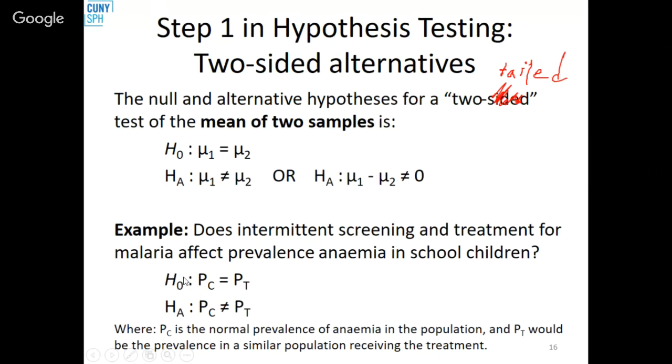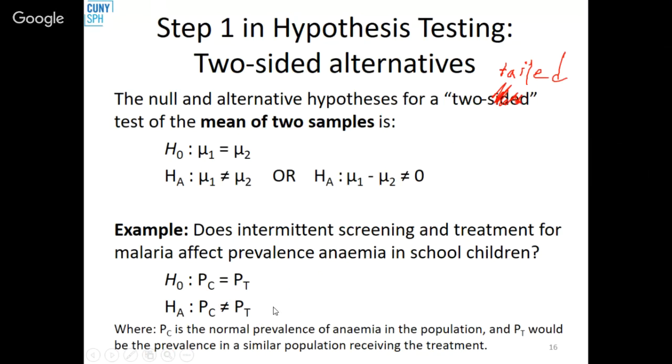So the null hypothesis in this 2-sample test would be that the prevalence of anemia in the control group is the same as the prevalence of anemia in the treatment group. So if you have an ineffective screening and treatment program, this is what you expect. If you do have an effective screening and treatment program that either helps or harms things, this is your alternative hypothesis, that these are not the same.